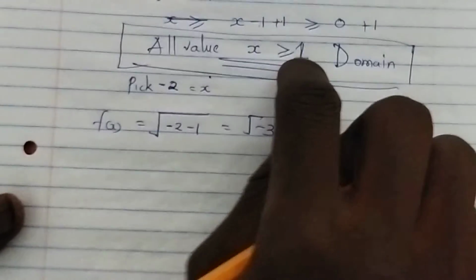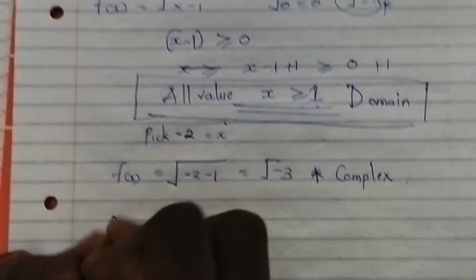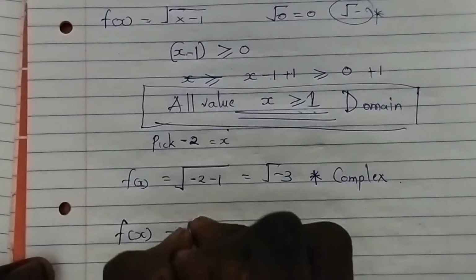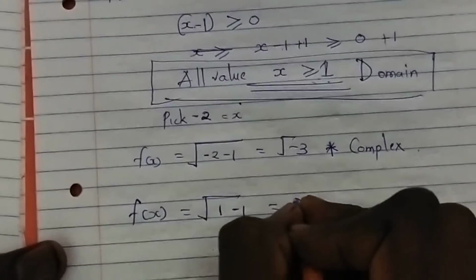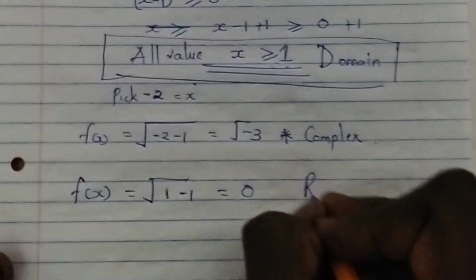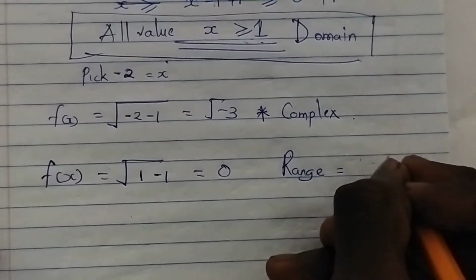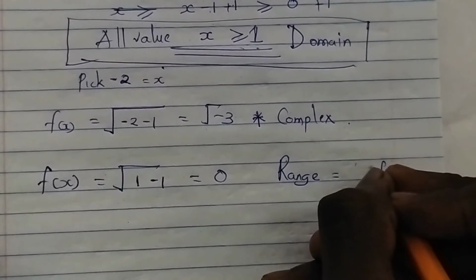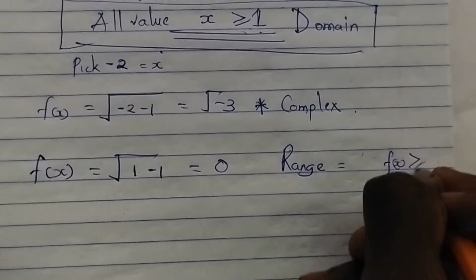Now, what about the range? Range becomes the values that are corresponding to this domain. When you insert 1 here, your f of x will be root of 1 minus 1, which is 0. So it means our range will be all values of f of x that will be greater or equal to 0.